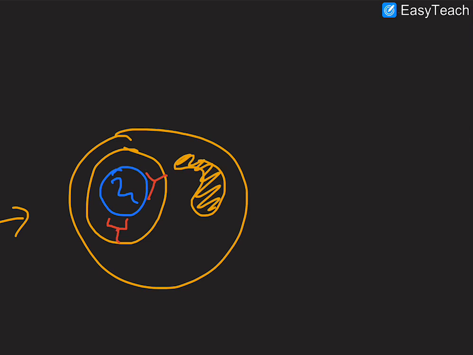So what actually happens is the pH inside the endosome decreases, and this will help break down the capsid of the virus so that we can expose the single-stranded RNA to the toll-like receptors.